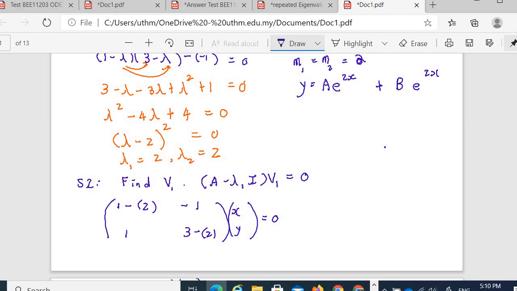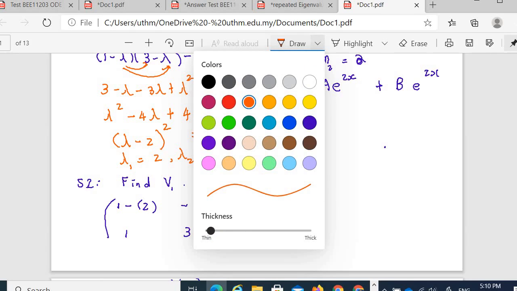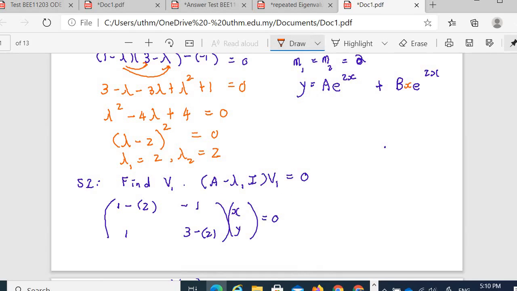A and b clash, that's why you need to multiply by x here, or we simplify it as (a plus b x) e^(2x).